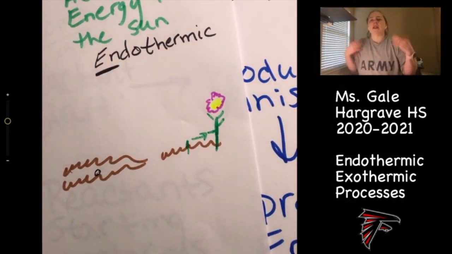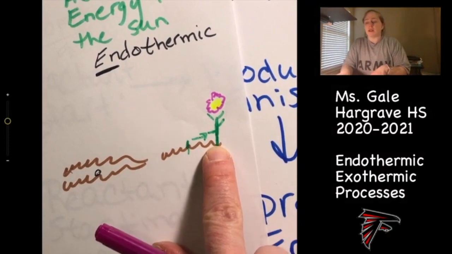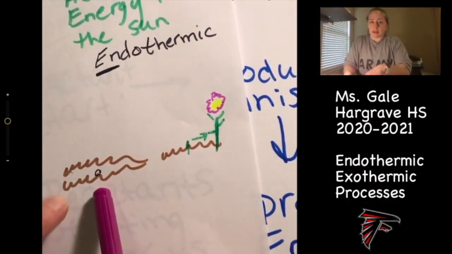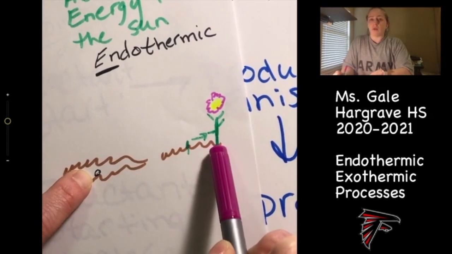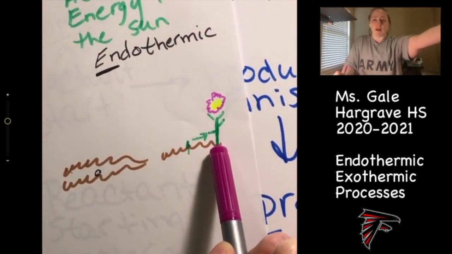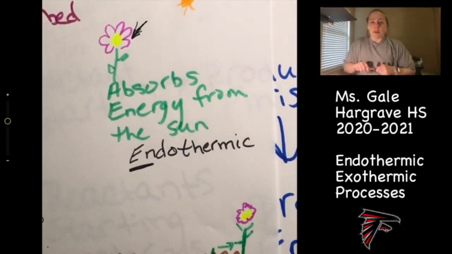Then it has the energy stored in it because it has already absorbed it to give us our food. So reactants, we started with a little seed. It absorbed energy to turn into a full grown plant that's able to produce energy and give it off. Okay. I hope this helps.